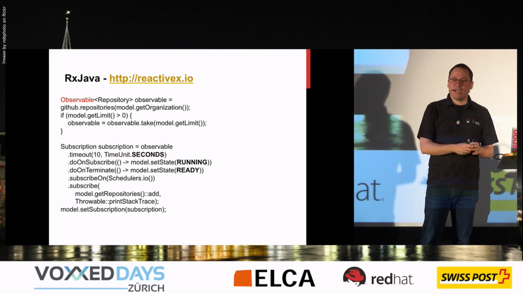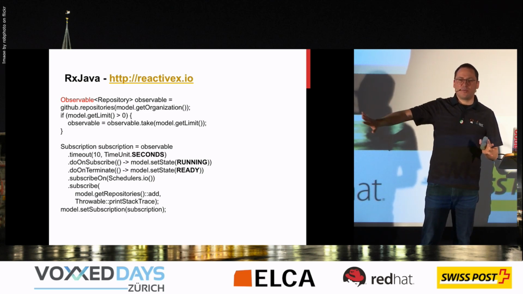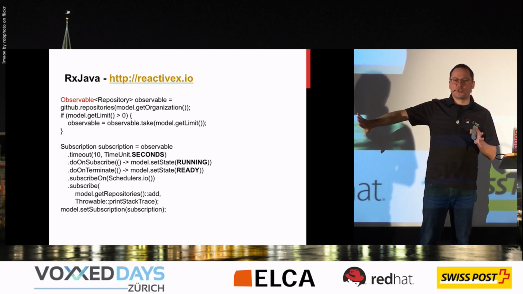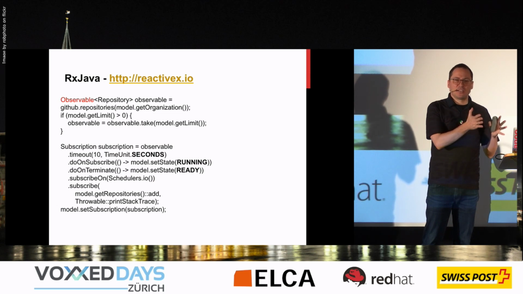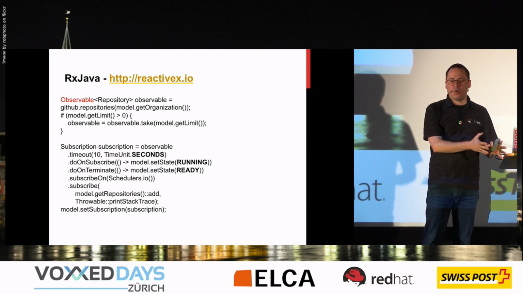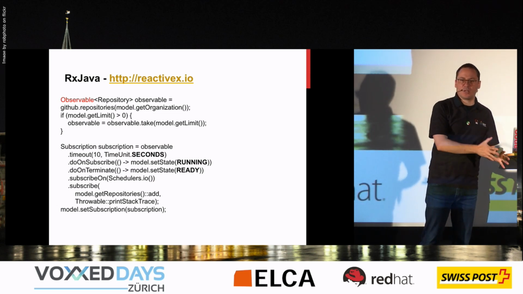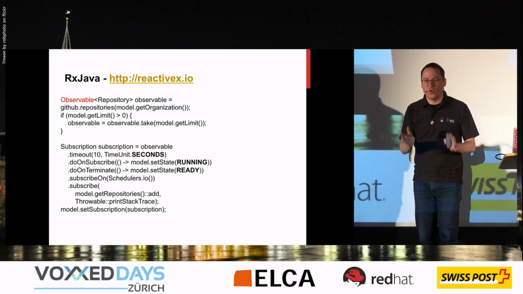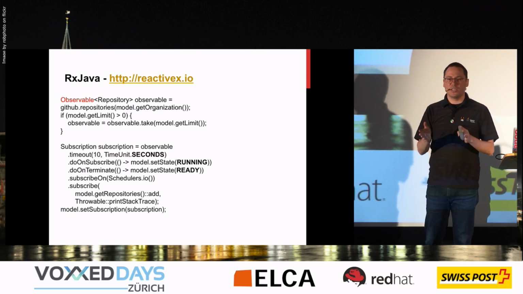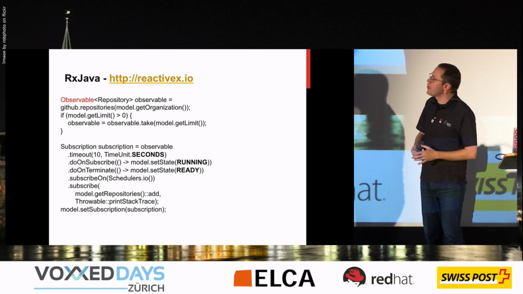So the client can tell the server to wait a little bit, or buffer the results, so that when the client is finished with the current workload, it can continue with the next one. That's basically back pressure, and only the flowable type will give you this, observable no longer.